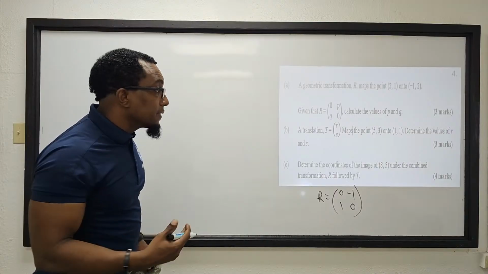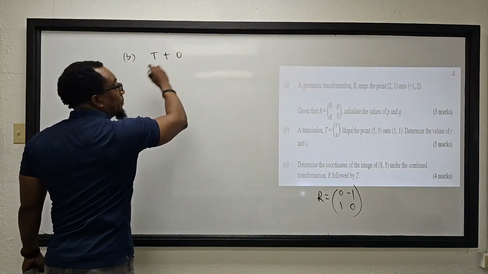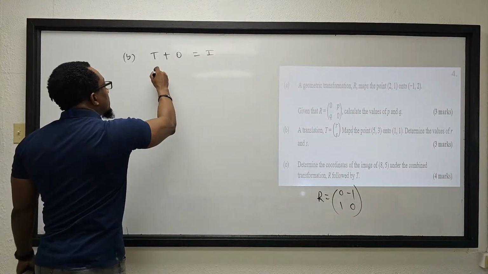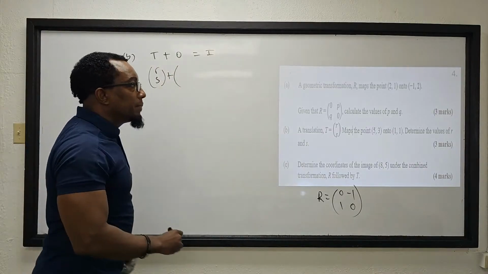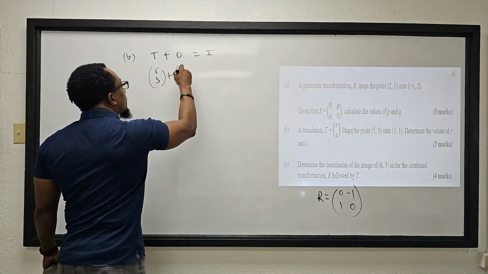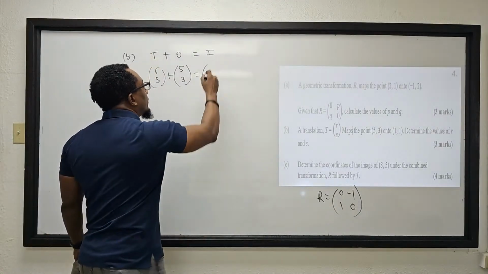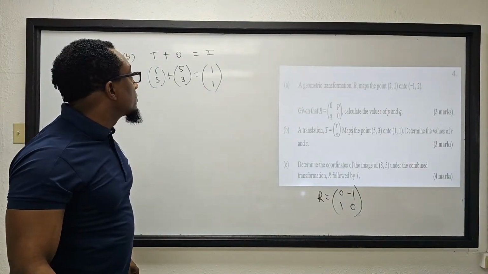So again, what is a translation? Your translation plus your object will give you your image. The translation is (R, S), plus the object (5, 3), and that will be mapped onto the image (1, 1). So they want us to determine the values of R and S. Simple.